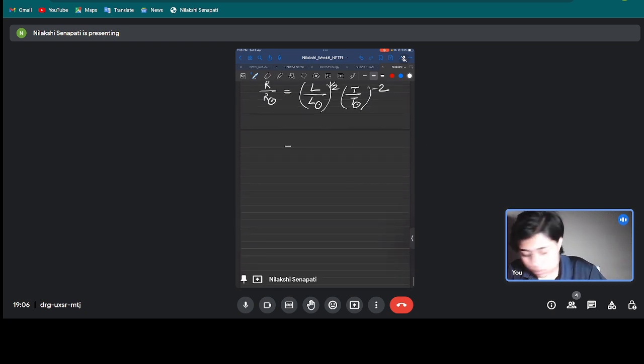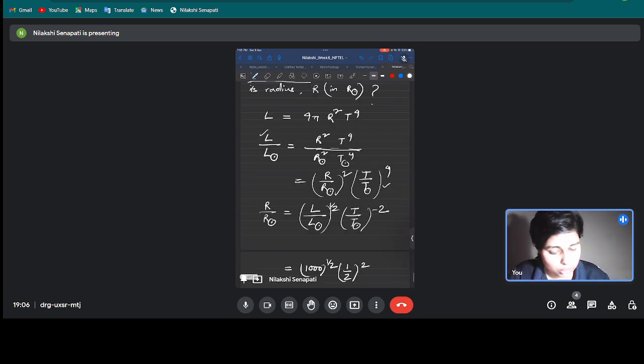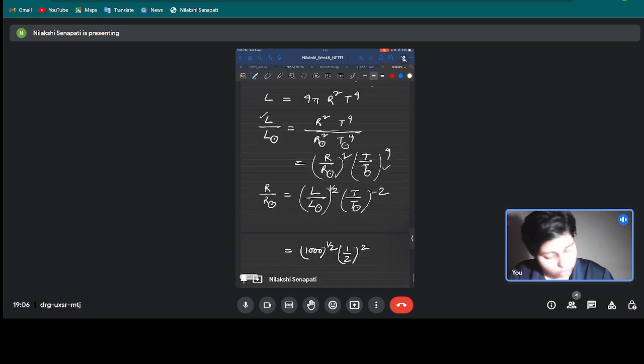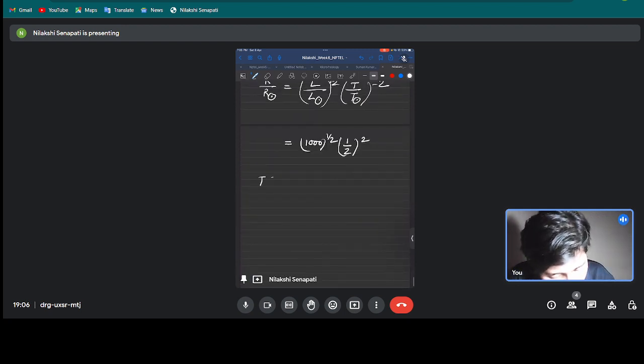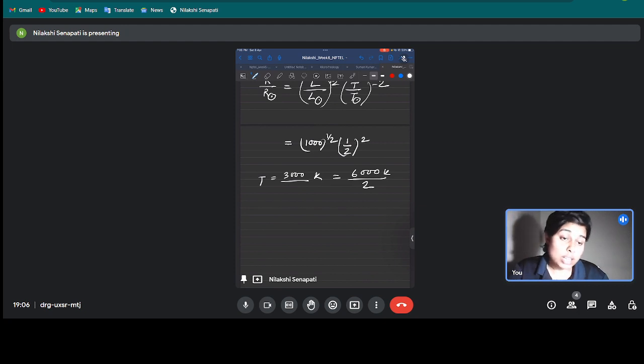So that is equal to 1000 whole to the power half, times T by T sun whole to the power minus 2. Why minus 2? Because T is given as 3000 Kelvin. That means 6000 Kelvin by 2. 6000 Kelvin is the solar surface temperature, so T sun by 2.